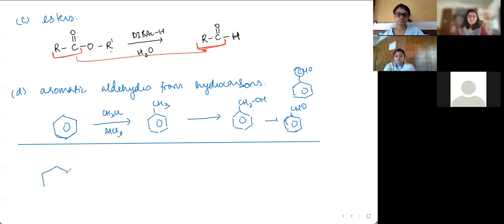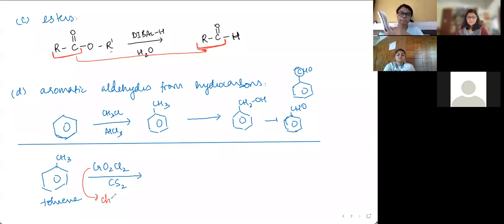Start off with toluene, in the presence of CrO2Cl2 in carbon disulfide solution. This particular reagent is called chromyl chloride. You get an intermediate here.